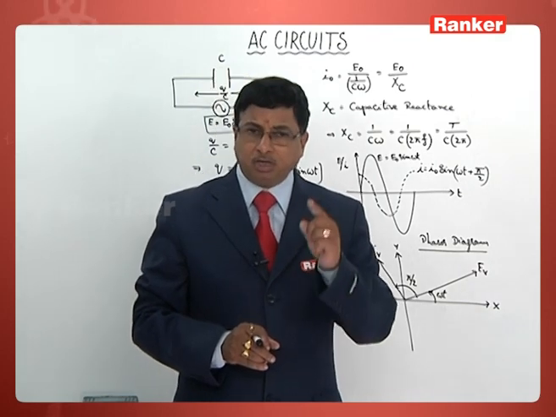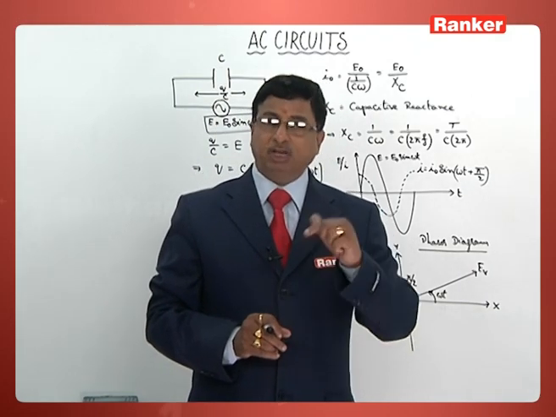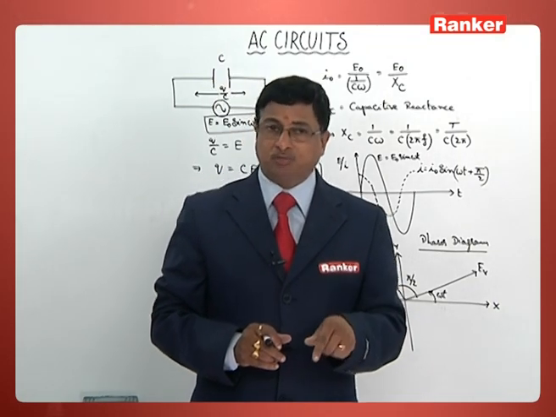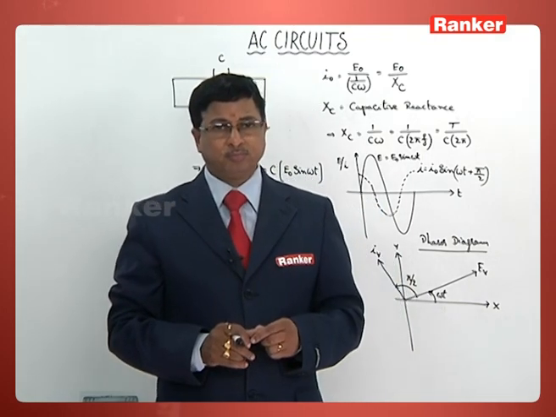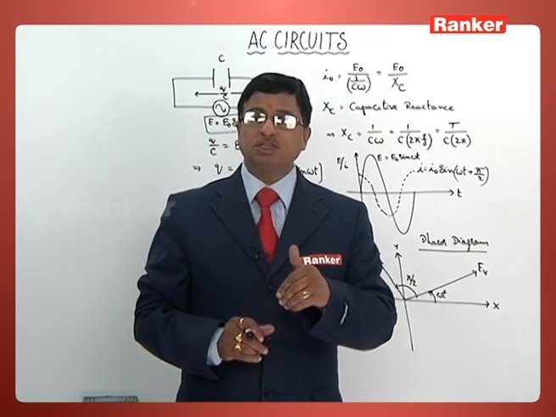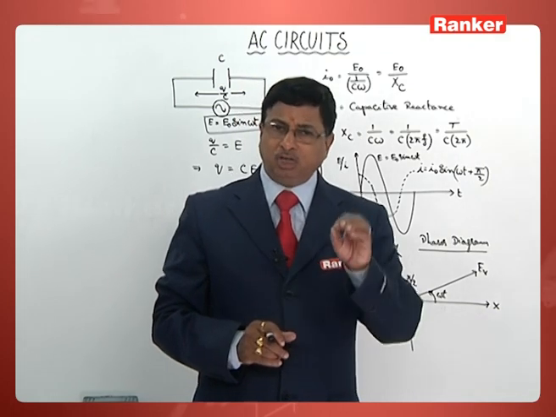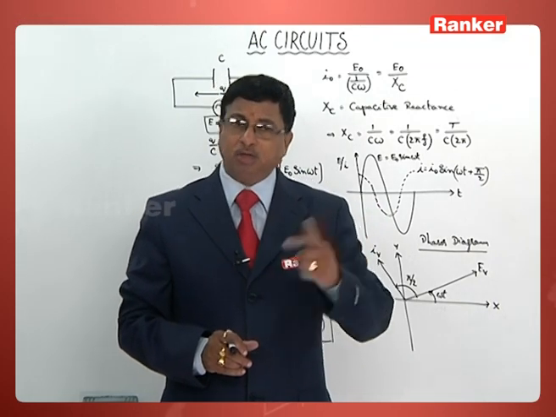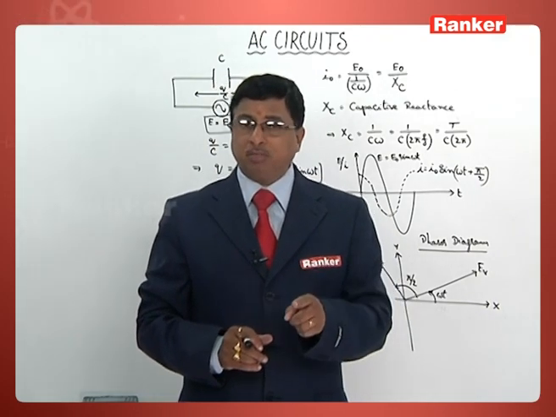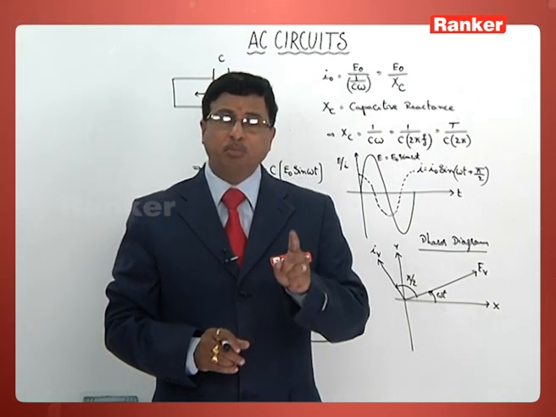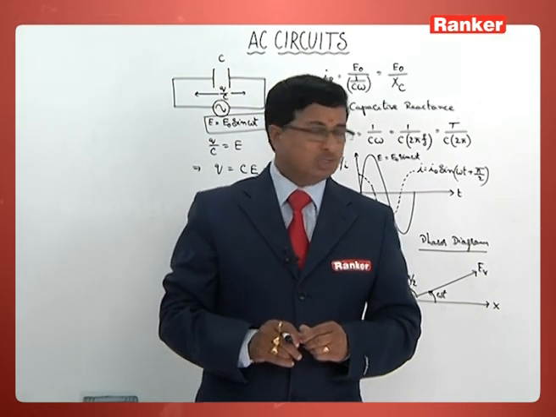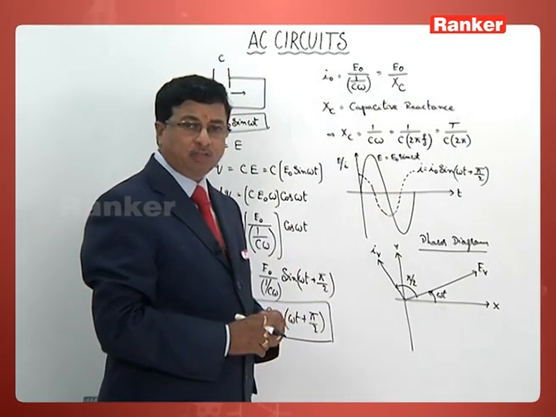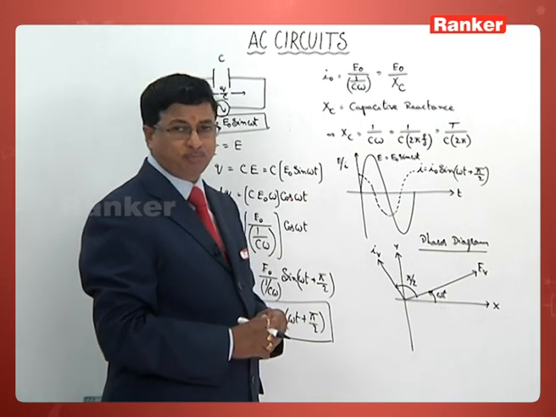In the case of pure inductance circuit, EMF leads the current by pi by 2 radian, or current lags behind EMF by pi by 2 radian. Similarly, if you consider capacitor circuit, only capacitance, then you find current is leading the EMF by pi by 2 radian, or EMF lags behind current by pi by 2 radian. So, these are the major areas one should concentrate while dealing with alternating current circuits.